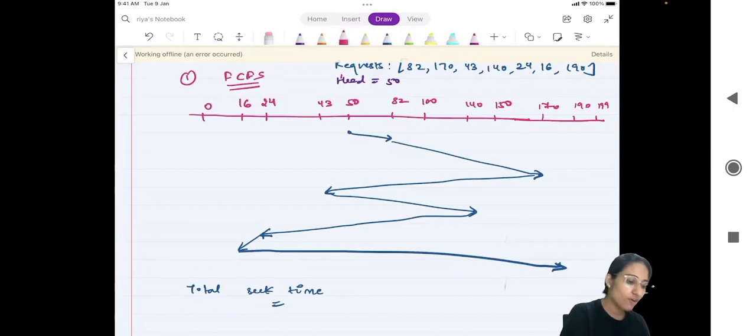First of all, the seek time to go from 50 to 82 would be 82 minus 50.